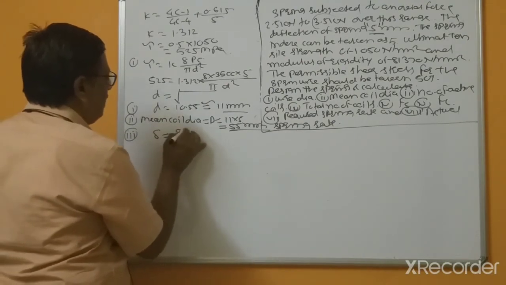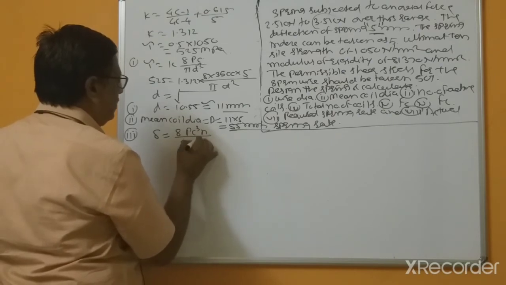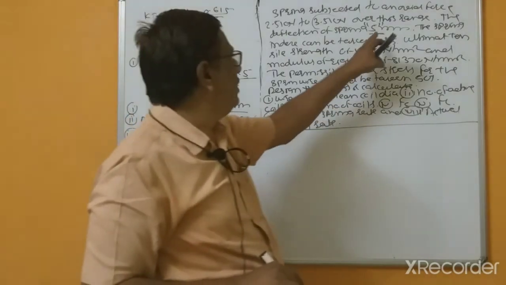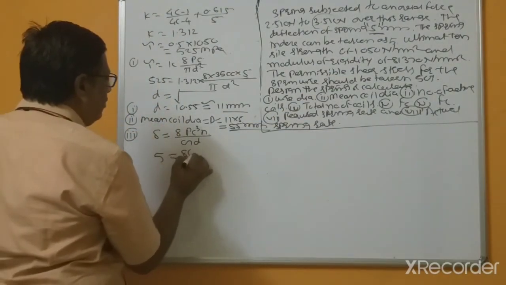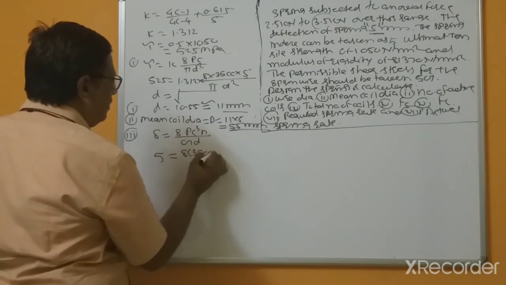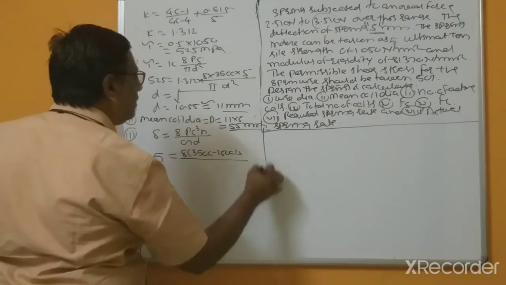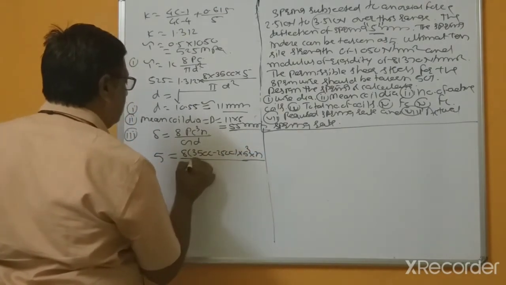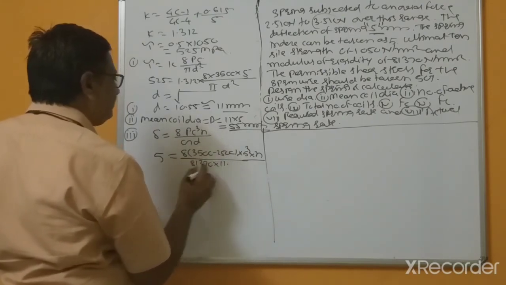Deflection equation: 8PC cube into n divided by GD. Deflection is 5 mm, but this is for load range. So C 5 cube into n divided by 81370, and this is 11.